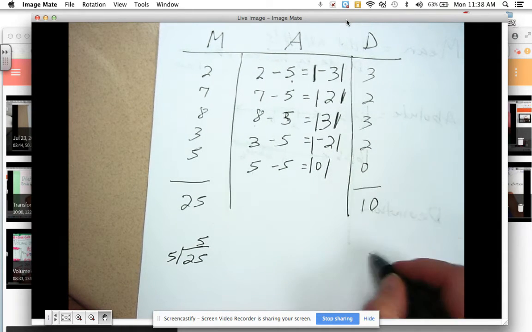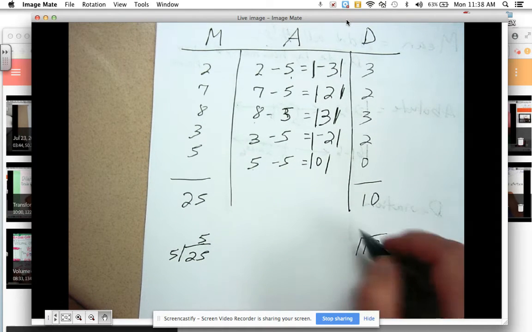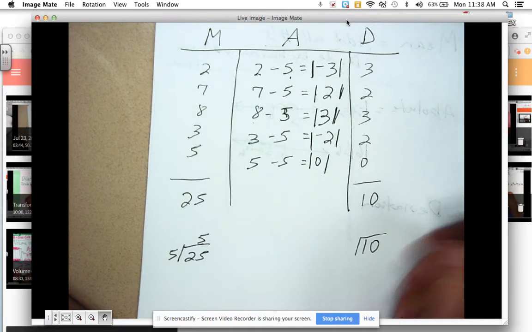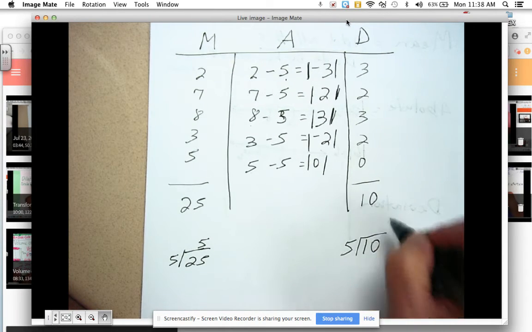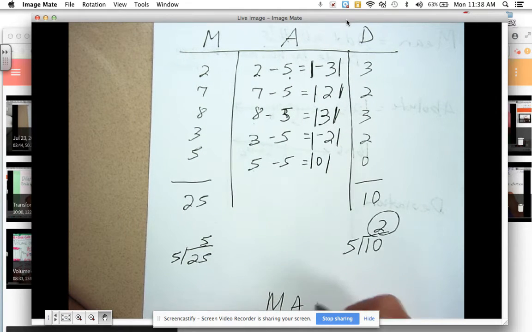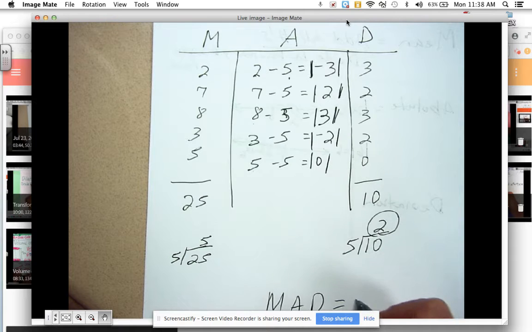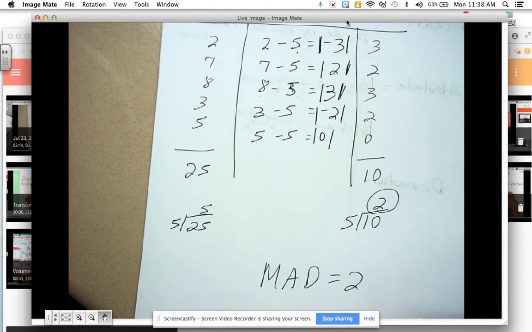Now we're going to take the 10 and also find the average. So it's like finding the average of the average. We have 5 numbers. 10 divided by 5 gives me 2. So this number is what we call the mean absolute deviation. The number 2 is the mean absolute deviation for this set of data.